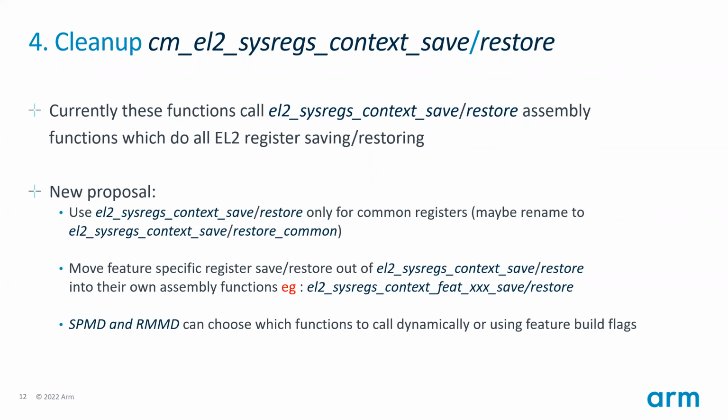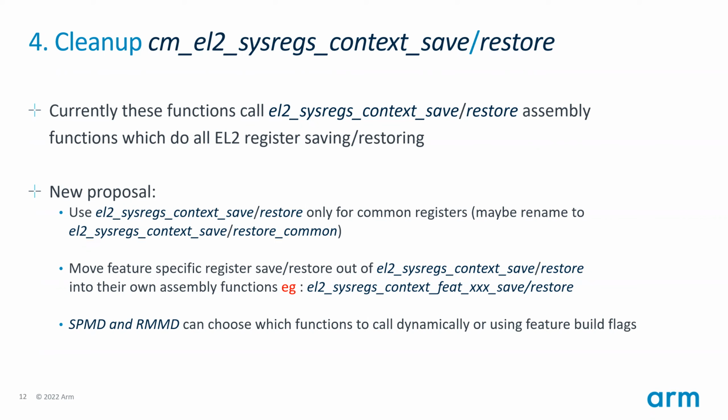Right, okay, so the fourth change is straightforward, like Soby mentioned. CM L2 sys register context save and restore functions are a monolithic function. It calls the L2 sysreg context save assembly function.